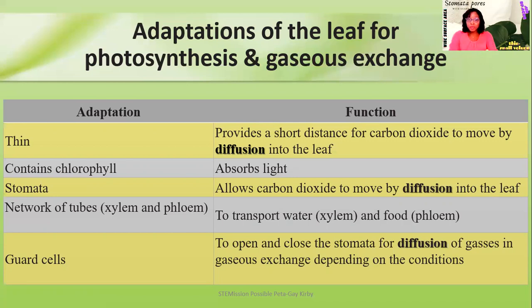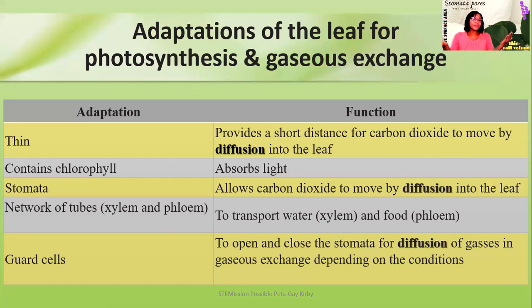This has to do with photosynthesis specifically. We know that the leaves also contain chlorophyll. They have small pores called stomata, and these pores allow carbon dioxide to move in by diffusion into the leaf.